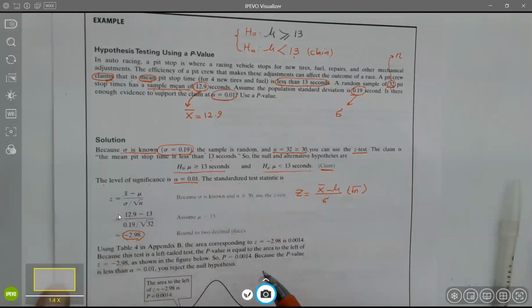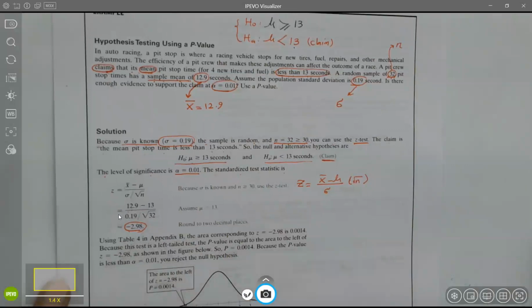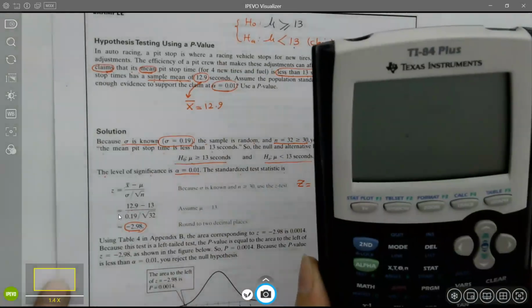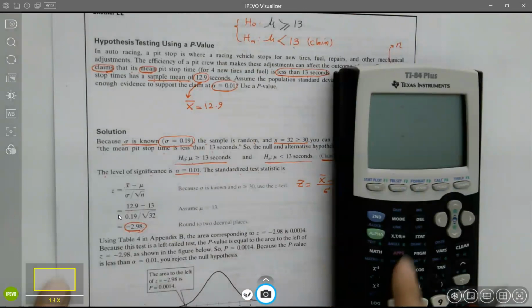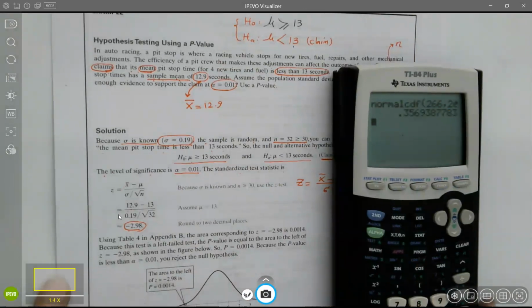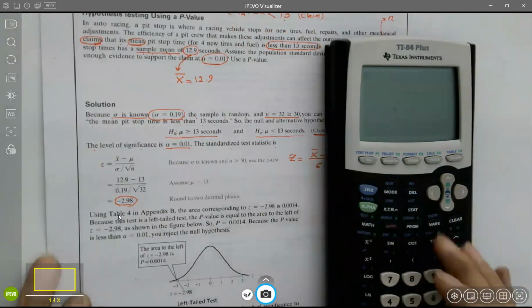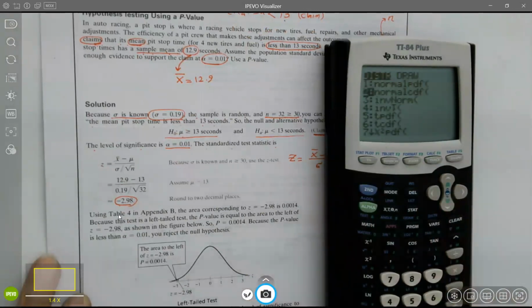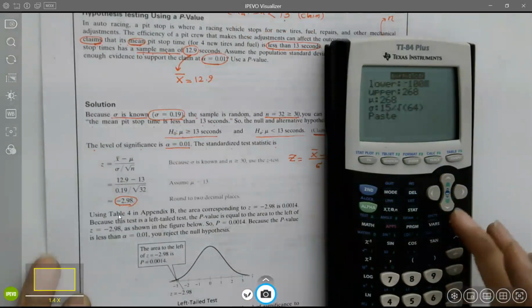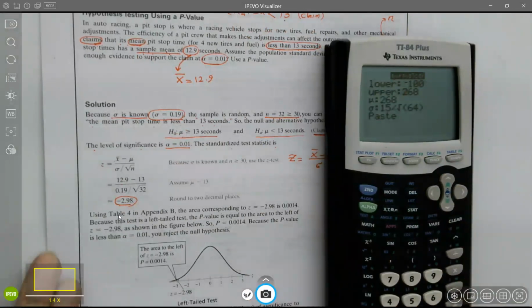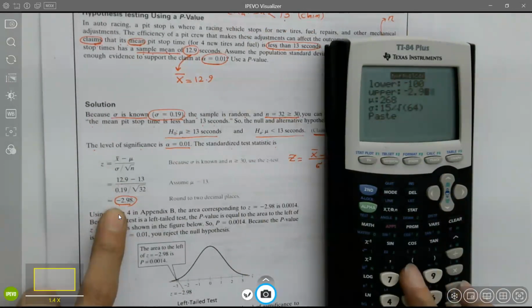Using the z table or using our calculator, we can find the area to the left. So let me clear that. Second VARS, normal CDF. The lower limit, let us just plug in a negative number, negative 100. The upper limit is negative 2.98.